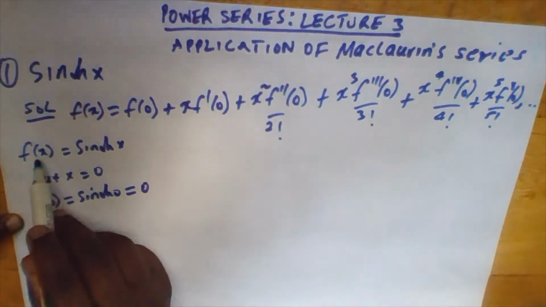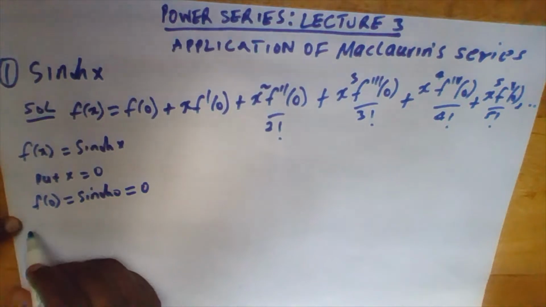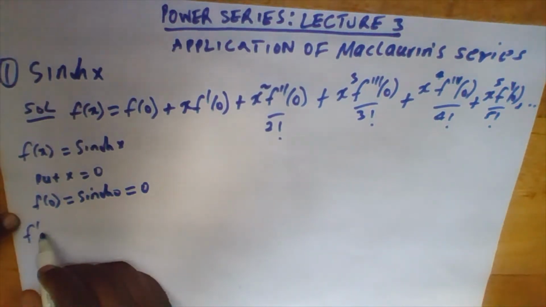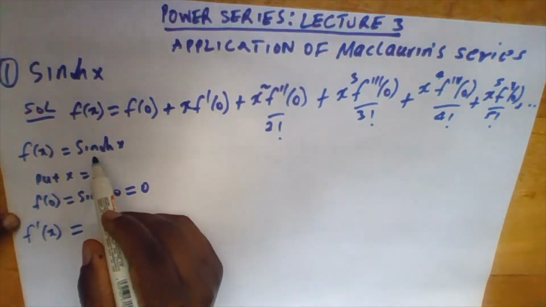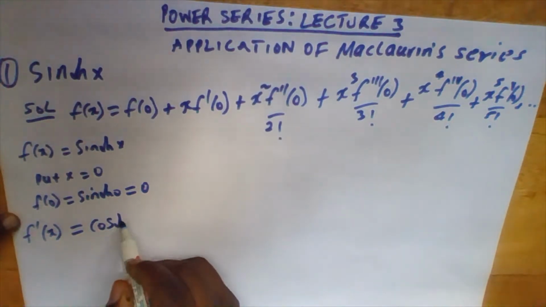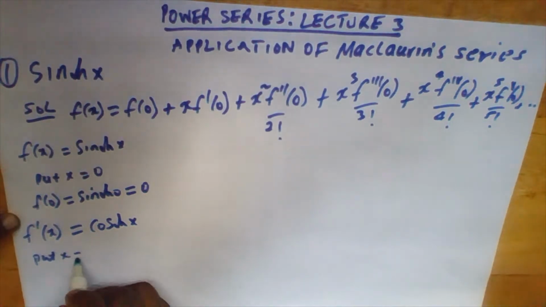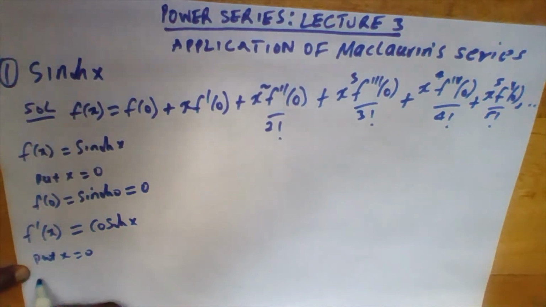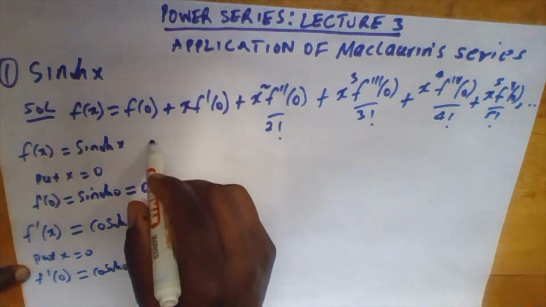So we differentiate this equation. When we differentiate f of x, we get f prime of x, which equals cos x, and then we put x equals 0. So here we have f prime of 0 equals cos 0, which equals 1.